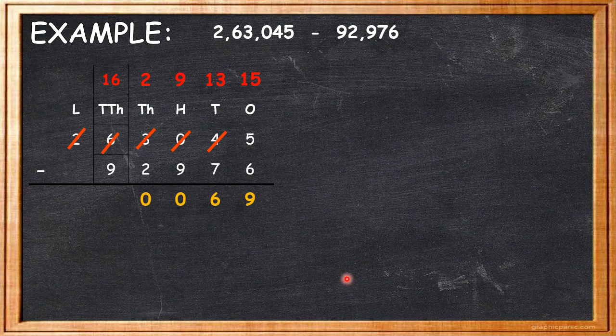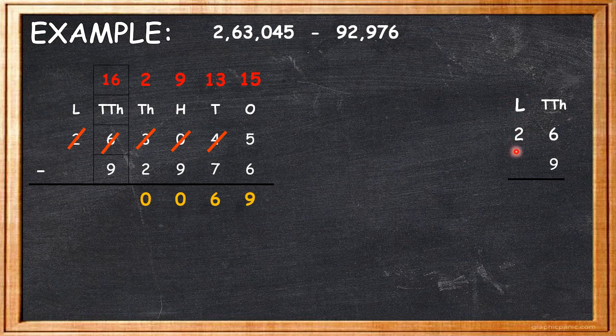After subtracting the thousands column, let's subtract the 10,000 column. Now, first check what are the digits under the 10,000 column. 6 and 9. Again, with 6 we are having a problem. 6 is smaller than 9, so we cannot subtract 9 from 6. In that case, 6 will go to the lakhs house and ask for help.